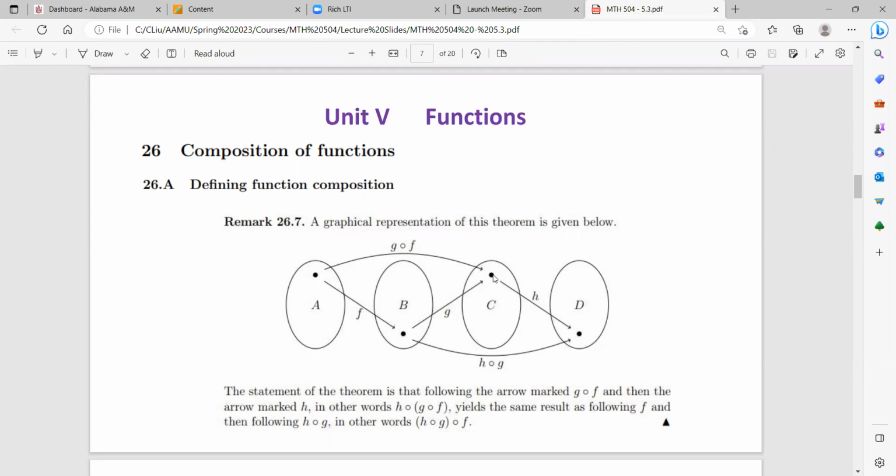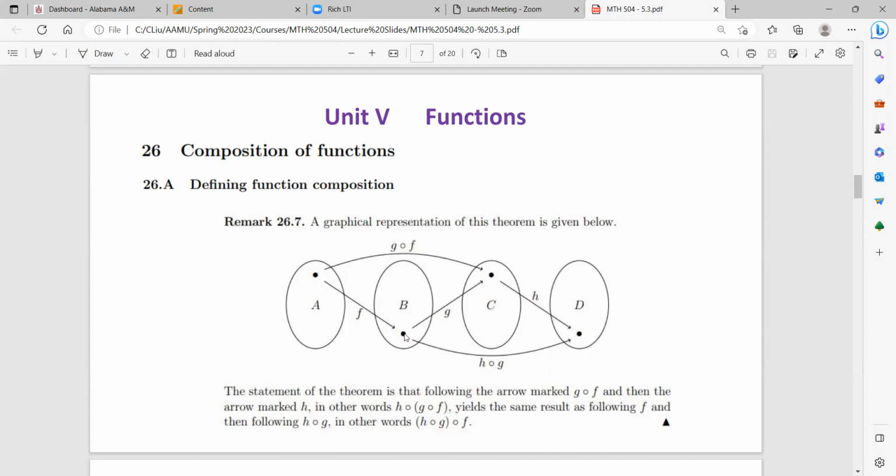And then you map from C on the H to D. So that's the path on the top. G compose F is just one mapping, right? From A to C.